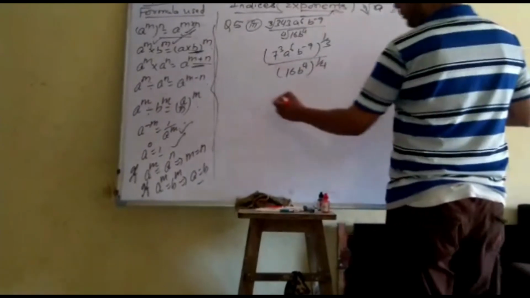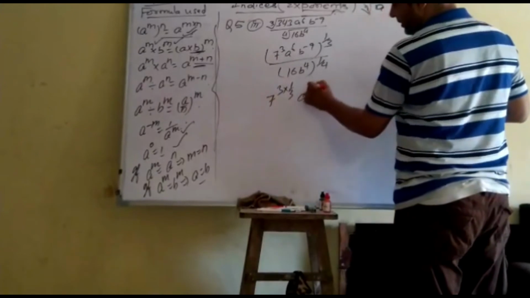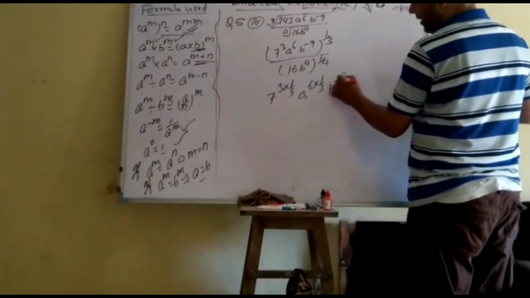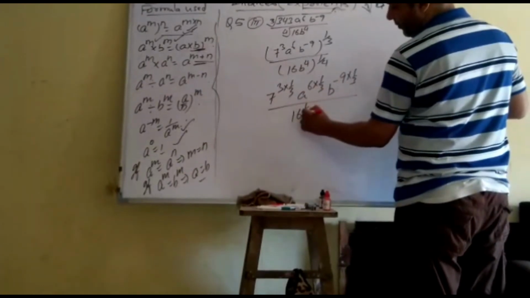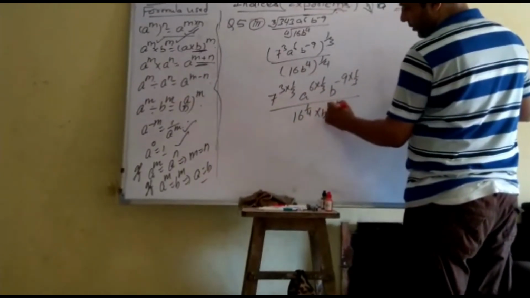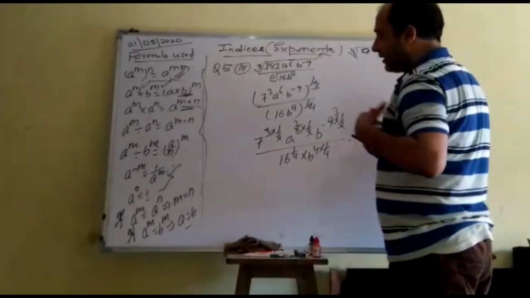Okay, now 7 cube into 1 by 3, a raised to power 6 into 1 by 3, b raised to power minus 9 into 1 by 3, whole upon 16 raised to power 1 by 4 into b raised to power 4 into 1 by 4. Now how to simplify? I will start this question.